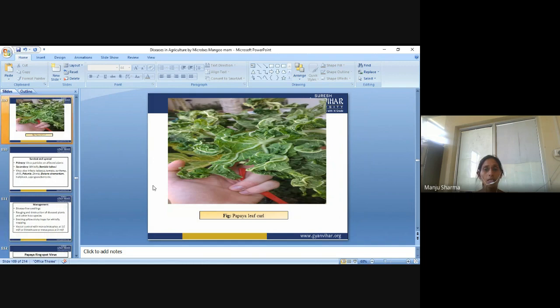So basically these are the symptoms of papaya leaf curl. The leaves are small in size as compared to healthy plants, and basically they will be wrinkled.